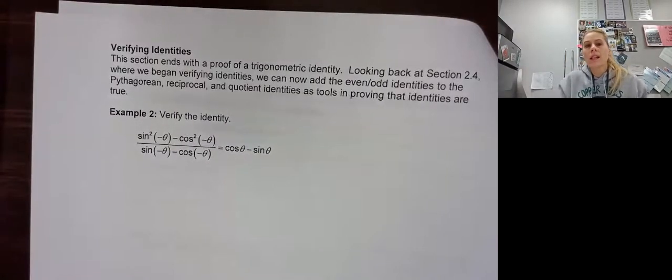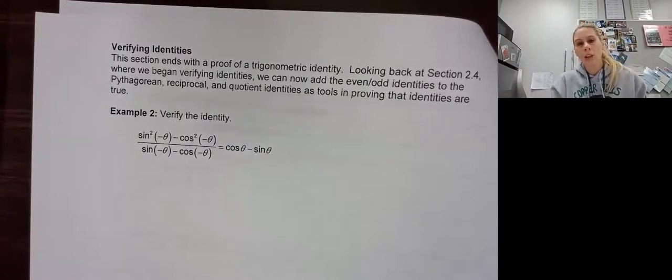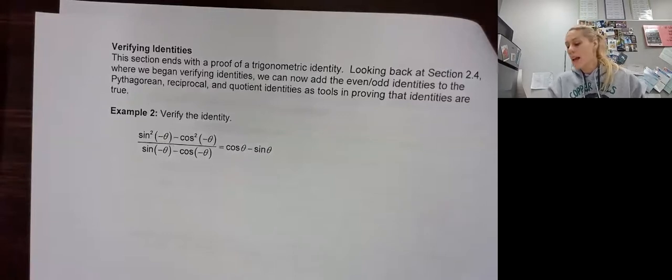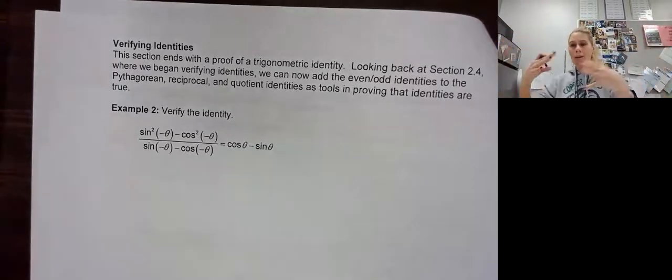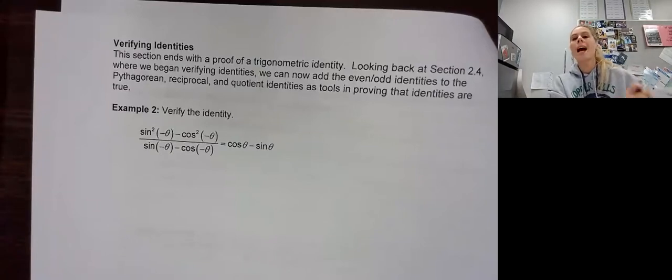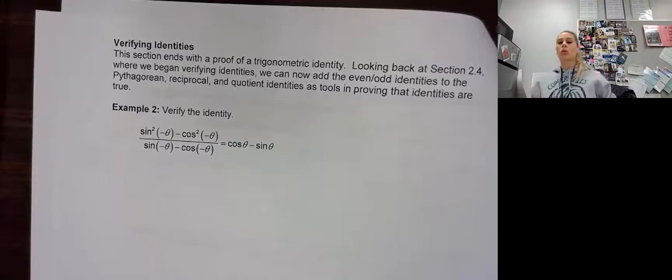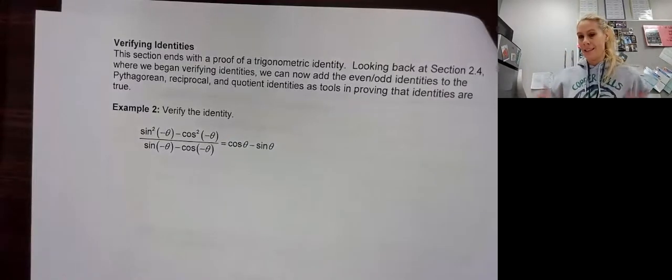So this section ends with a proof of a trigonometric identity, saying that this is an identity and this is an identity. So how can we show one into another? Looking back at section 2.4, where we began verifying identities, we can now add even and odd identities to the Pythagorean, reciprocal and quotient identities as a tool in proving other identities, okay?